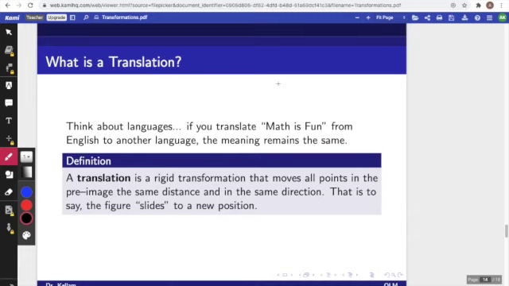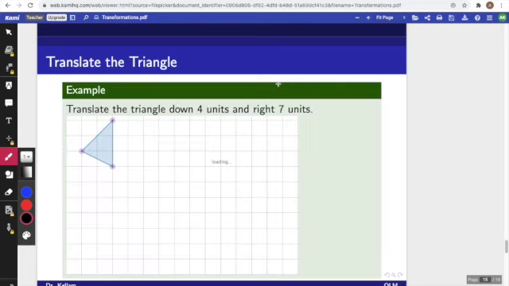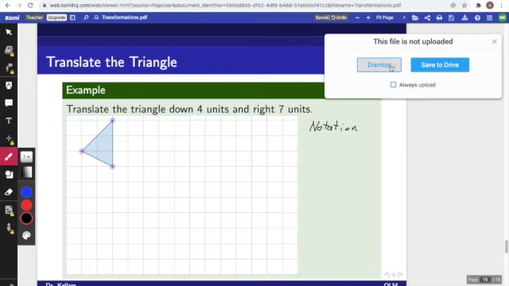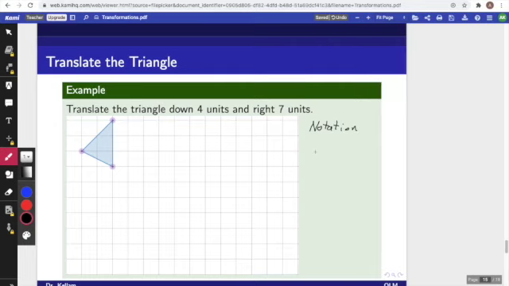Let's look at an example of how this can be done. We want to translate this triangle down 4 units and right 7 units. First off, let's talk about the notation. The notation involved in this is going to be relatively simple.